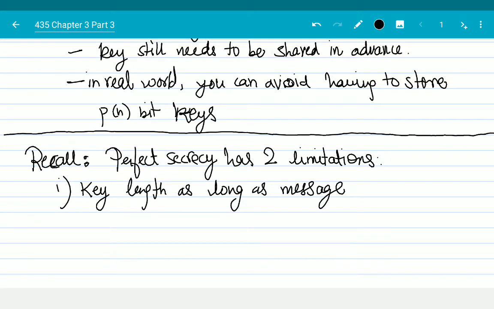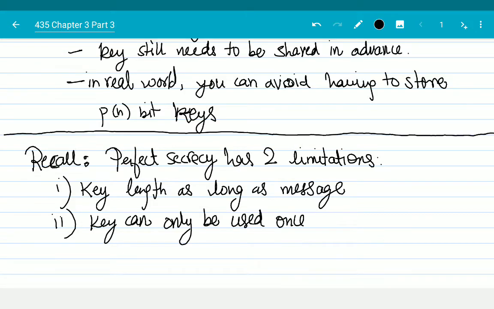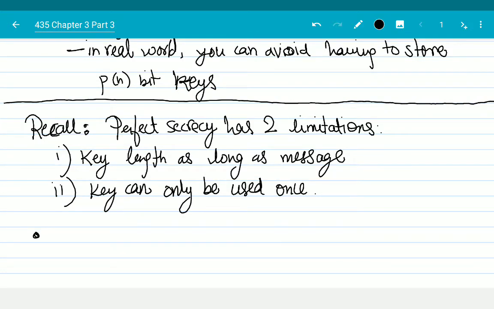Pseudo OTPs allow us to circumvent the first limitation, and the second one was that the key can only be used once.